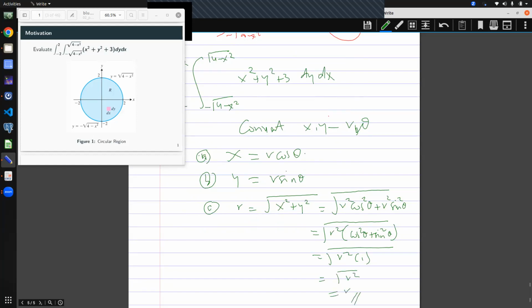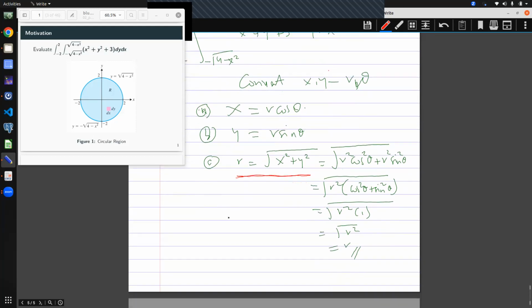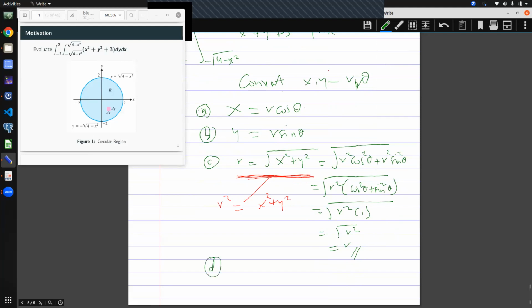So indeed, this preamble is correct. And by algebra, I could also say that r squared becomes simply x squared plus y squared. Let's go back to the last definition. Now, theta is given as the tan inverse of y over x. These are things we look out for in converting from rectangular to polar.